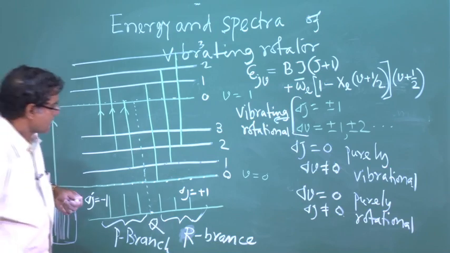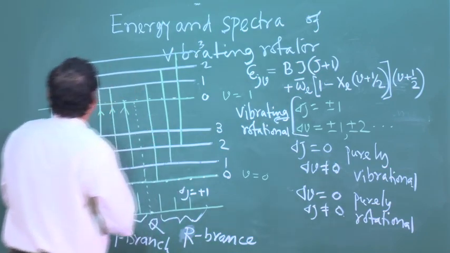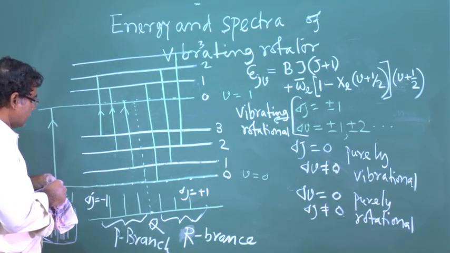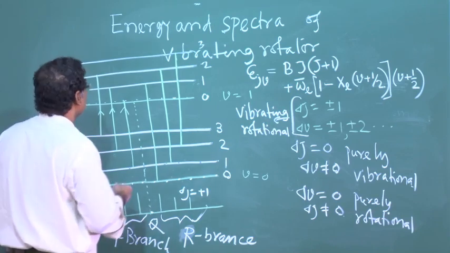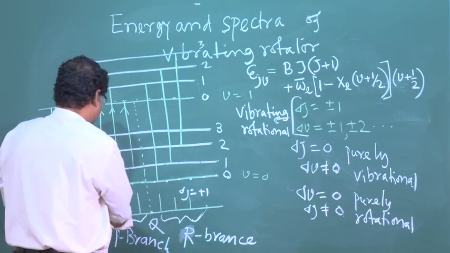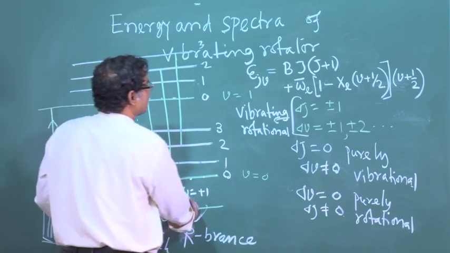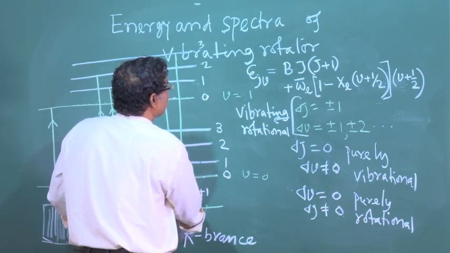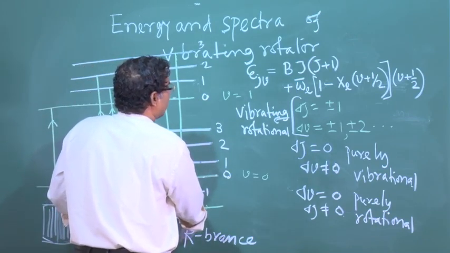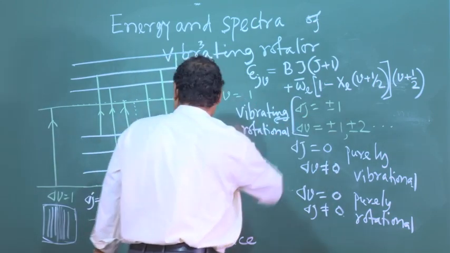So, basically for different j values, del j equal to -1 and del j equal to +1 are valid.